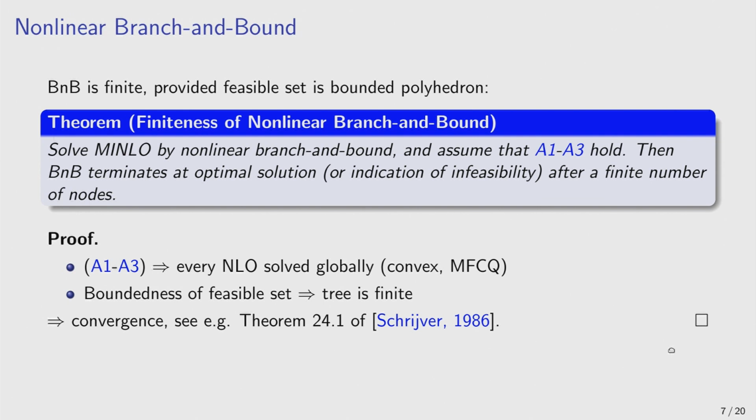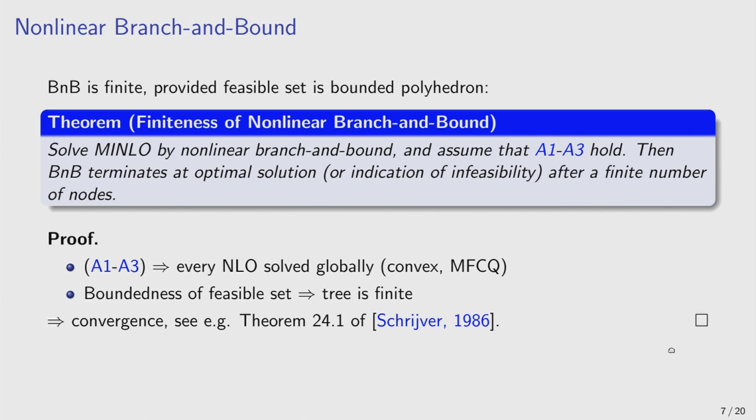Under the technical assumptions, I know that I can solve every nonlinear optimization problem to global optimality because I have convexity, a constraint qualification, and the problem is smooth. So those are the assumptions that guarantee that our solvers find a global solution. And then the boundedness of the feasible set ensures that this tree cannot grow to infinity. And so you get convergence.